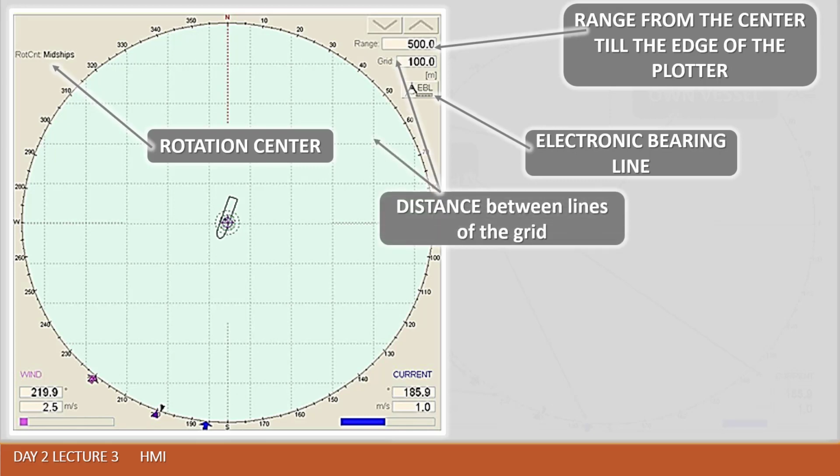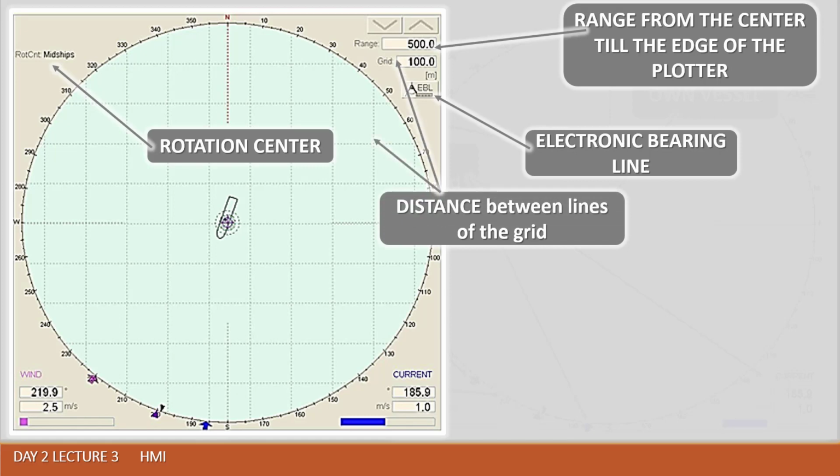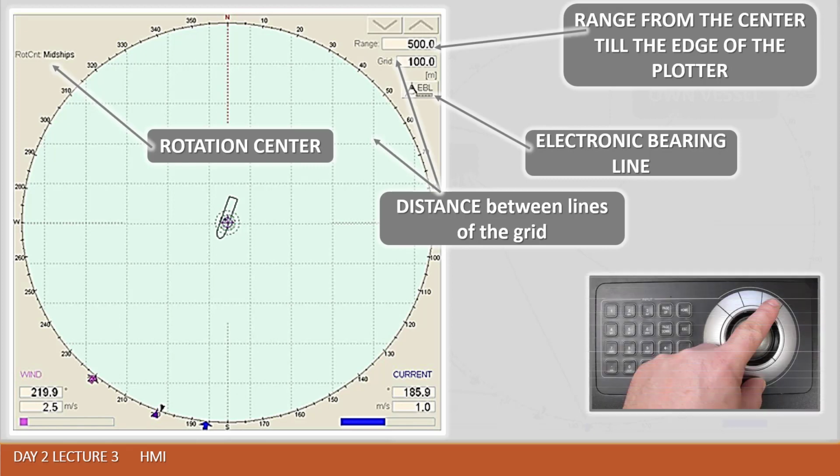In our example, the distance between the grid lines at the plotter is 100 meters. We may use the right click of the trackball on top of the position plotter, and then we can select the view control for the position plotter.